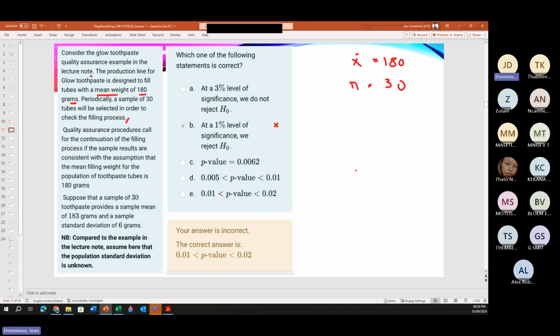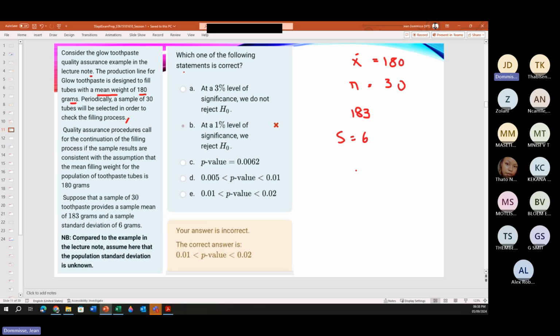Quality assurance procedures call for, suppose that the sample of 50 toothpaste provides a sample mean of 183 and a sample standard deviation of 6 grams.